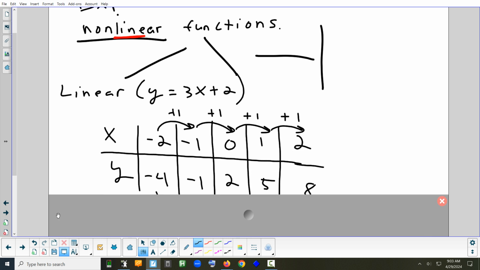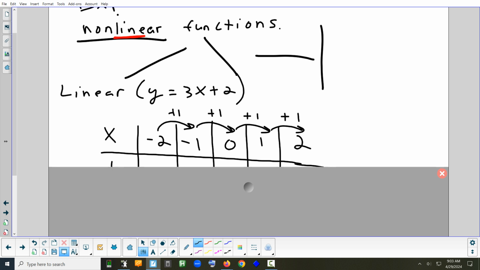All right. So what I did is I picked some numbers for x, and again, this part, you guys can just watch. I did -2 to 2, and I just went by ones. If I plug in -2 for x, what's 3 times -2? -6. And what's -6 plus 2? -4.